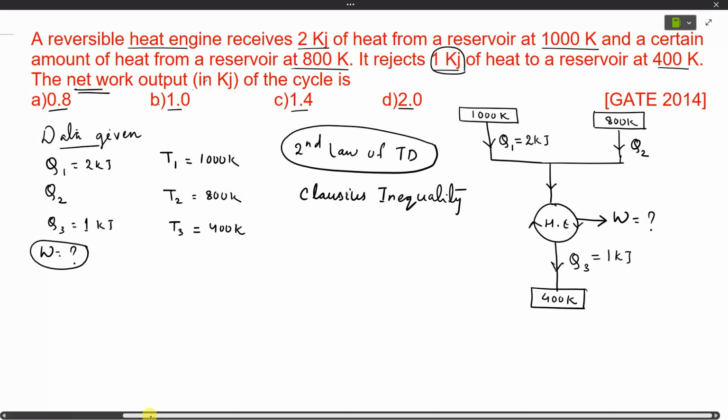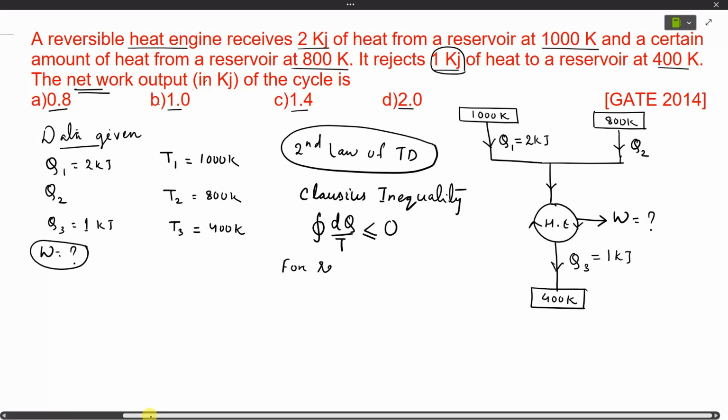Clausius inequality is a key concept in thermodynamics that provides a mathematical statement of the second law of thermodynamics. So according to the Clausius inequality, cyclic integral of dQ by T is less than or equal to 0.